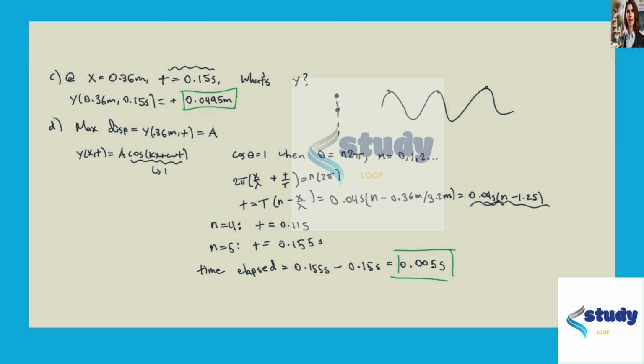In order for it to be at its maximum point, we know that cosine of kx plus omega t is 1, and that means this whole thing in here has to be some integer times 2 pi.